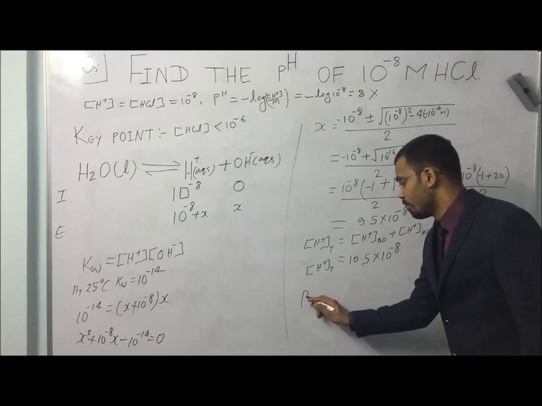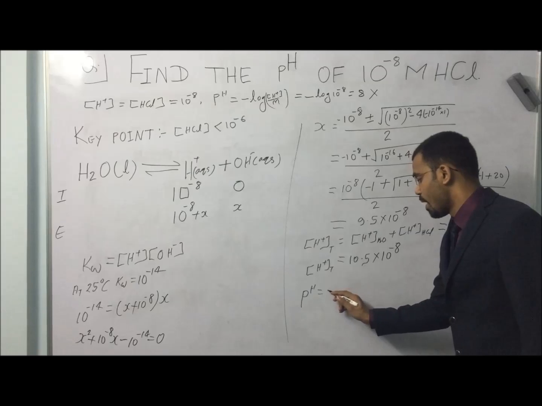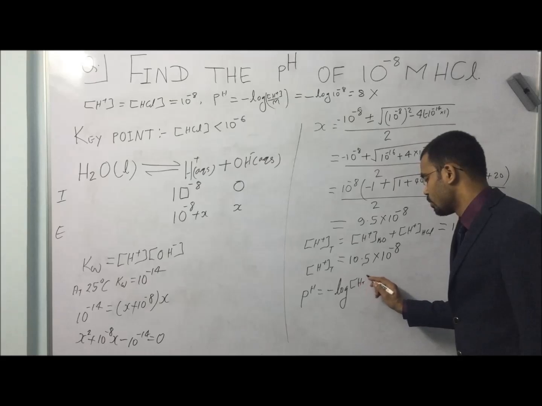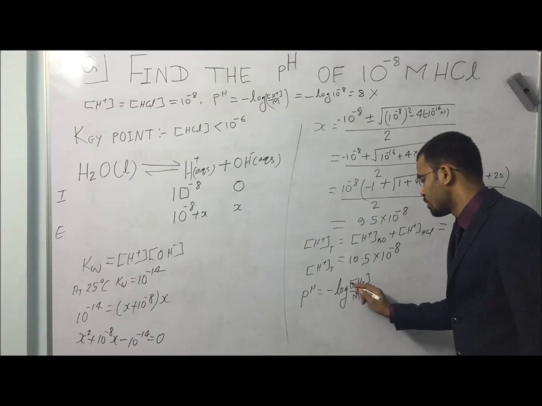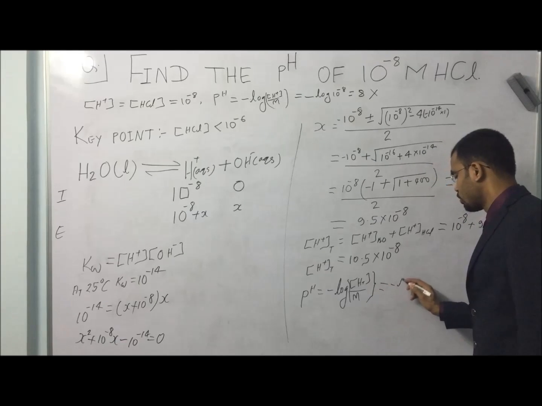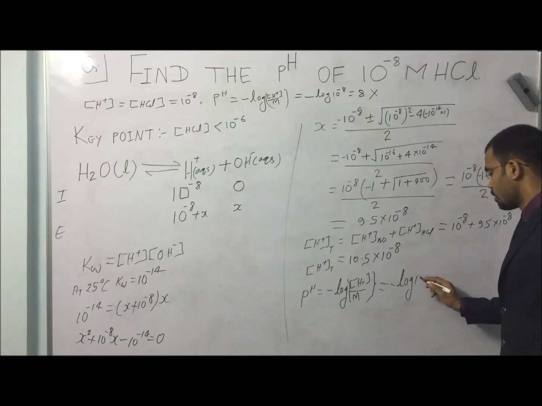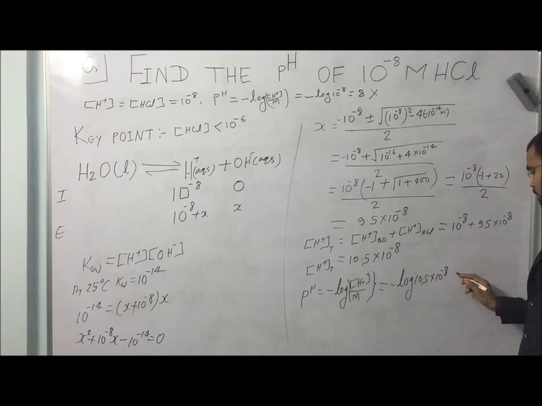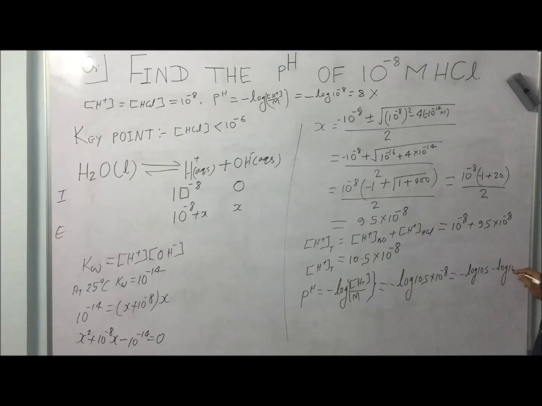Now pH will be minus of log of the total concentration of H plus divided by unit. So which is equal to minus of log of 10.5 into 10 raised to minus 8, which is equal to minus of log 10.5 minus log 10 raised to minus 8.